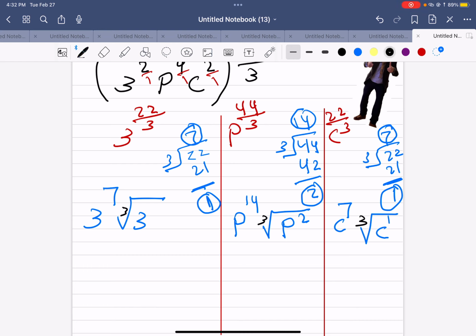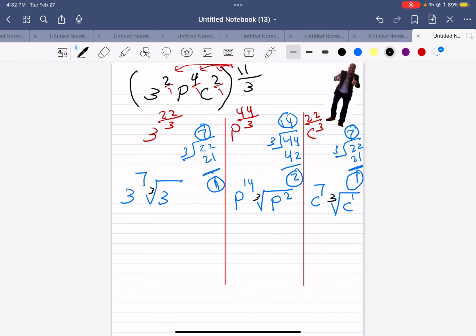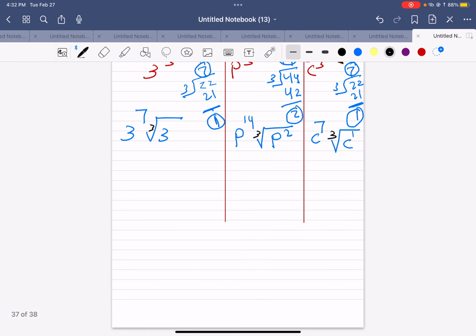Now what I'm going to do next, everything inside the radical, which I have 3 inside the radical, is going to be still inside the radical. And the things outside the radical, 1, 2, 3, I'm going to put them together outside the radical. So my final answer is going to be 3 to the power of 7, P to the power of 14, C to the power of 7, cube root.